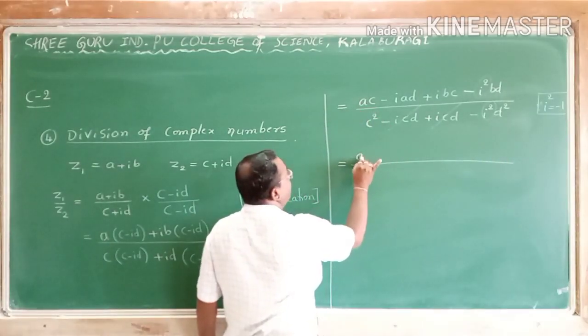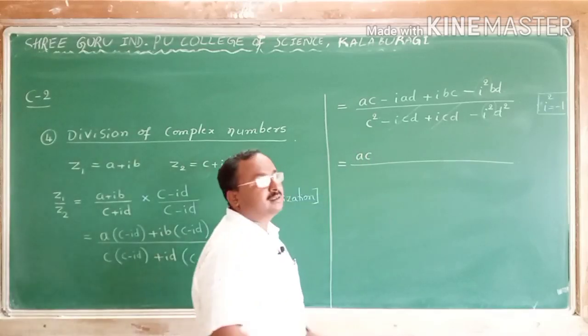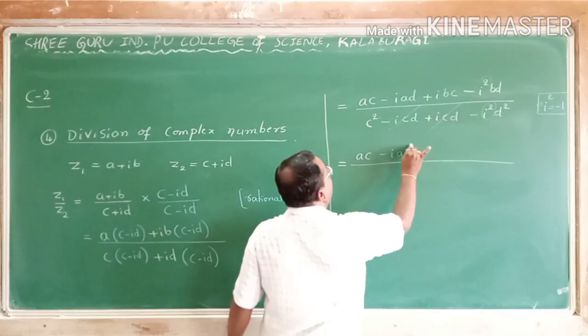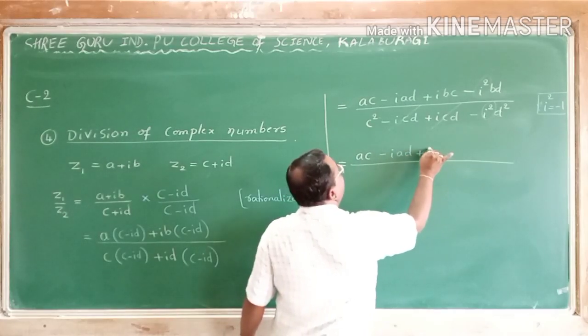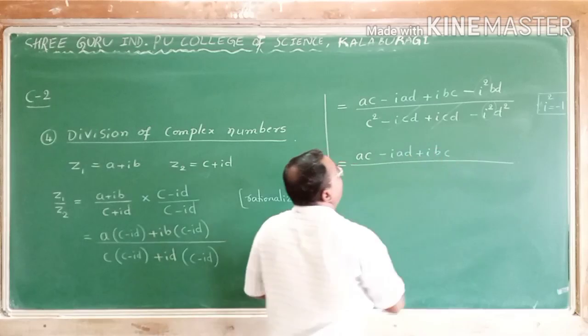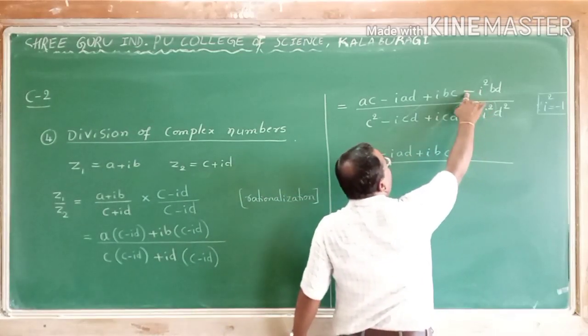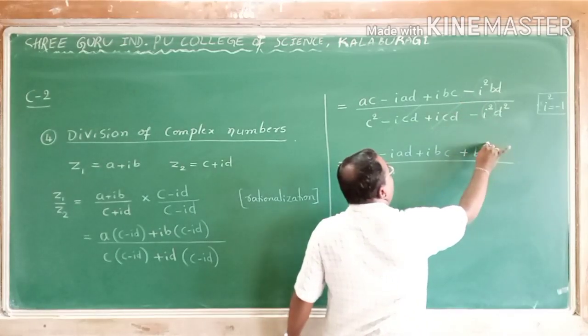Numerator: ac minus i times ad plus i times bc, minus minus plus bd because i squared value is minus 1.